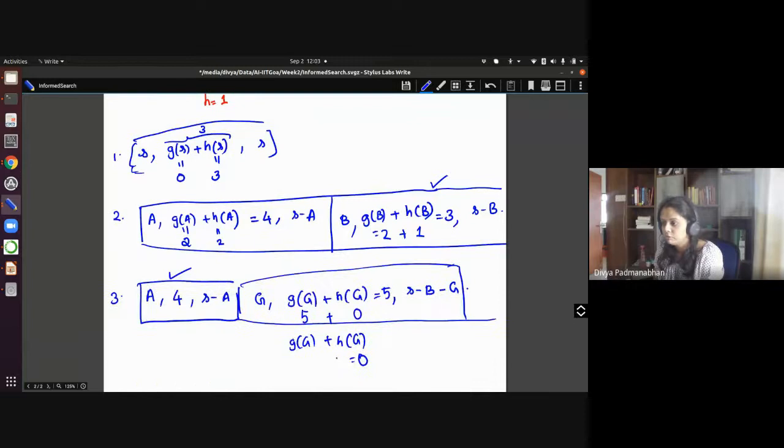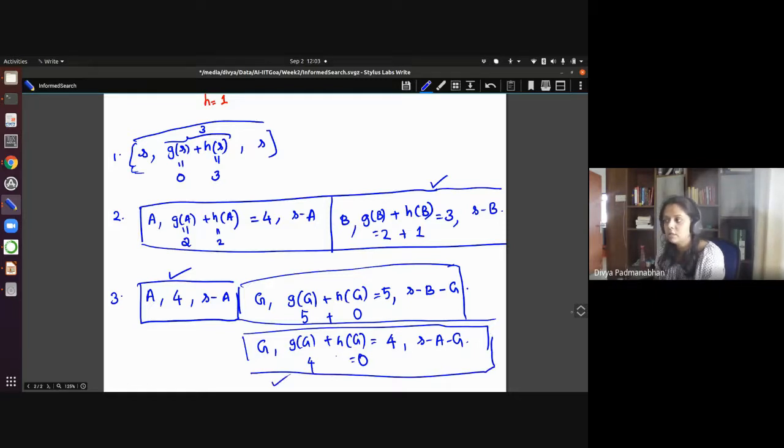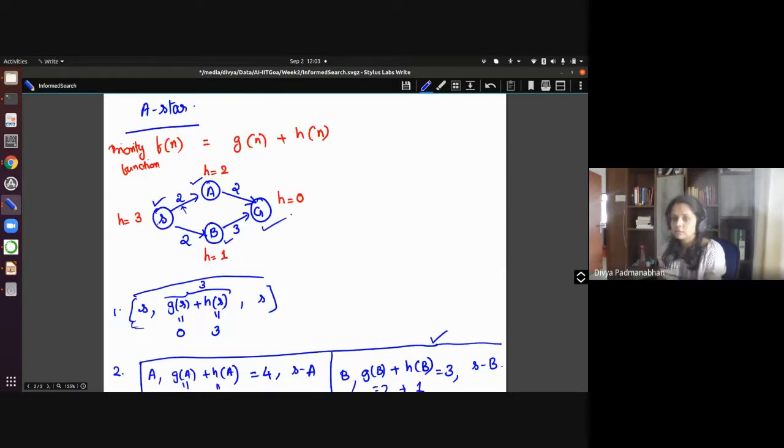So this is going to be 4, and you update the goal state with this total priority. The sequence of actions you update to SAG. Now this is the only thing left, and you will pop it and reach the goal state.